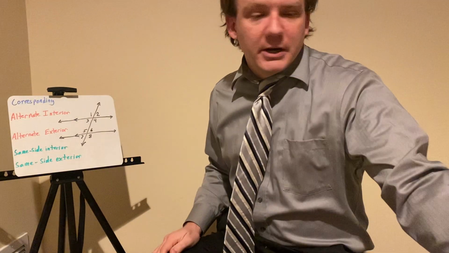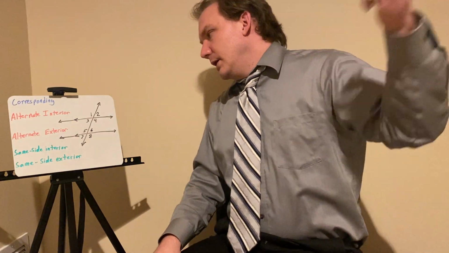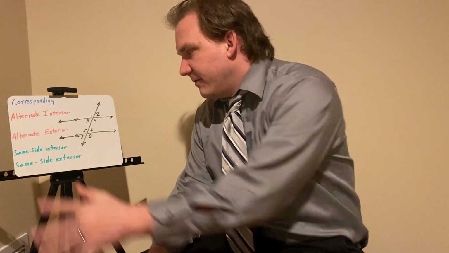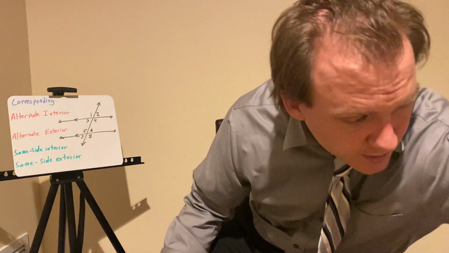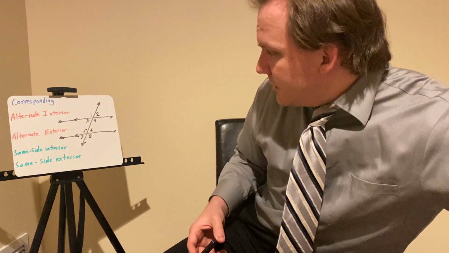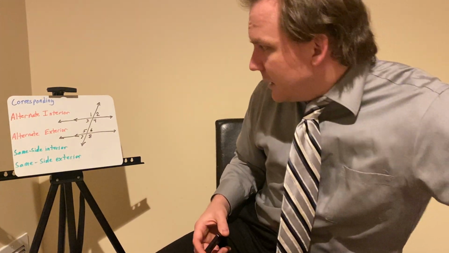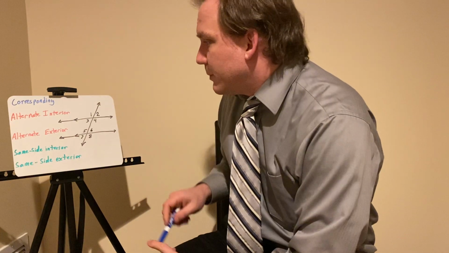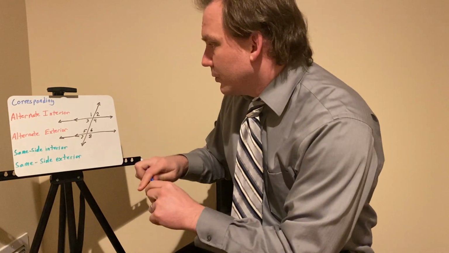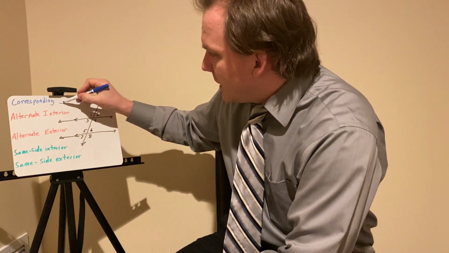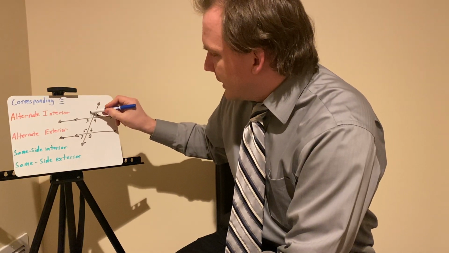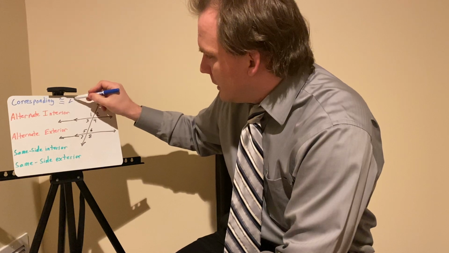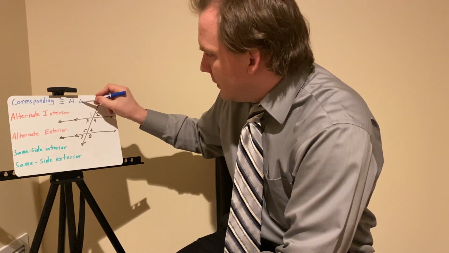So when we have parallel lines intersected by a transversal, there are 5 relationships I'm going to talk about right now. Corresponding angles are congruent. Those are angles like angle 1 and angle 5.